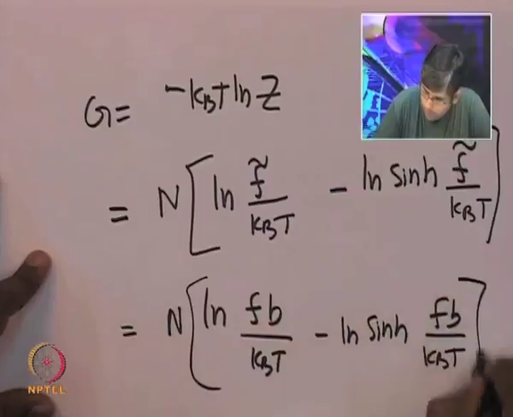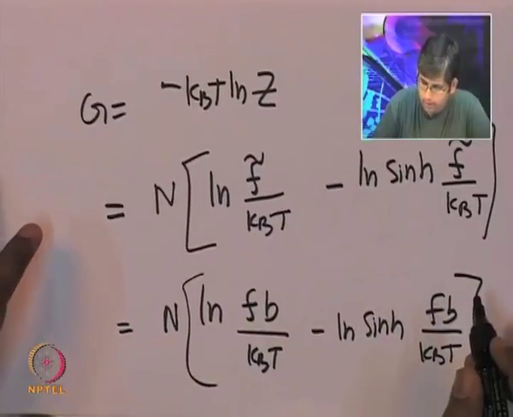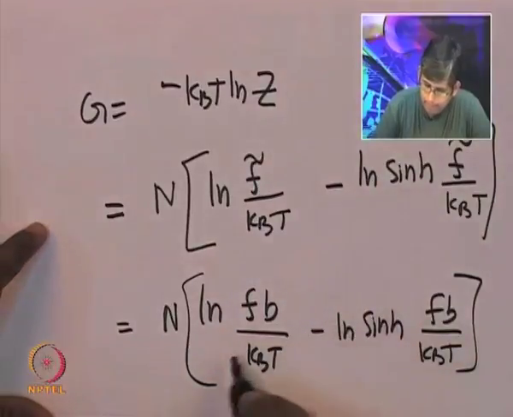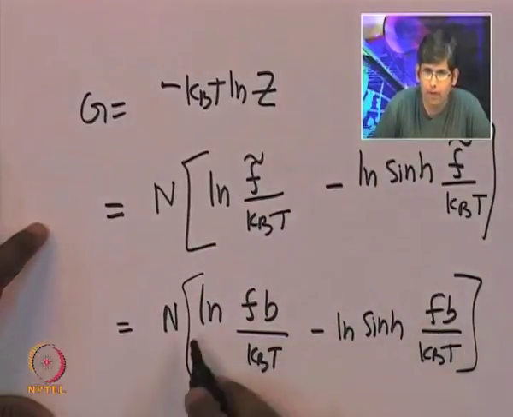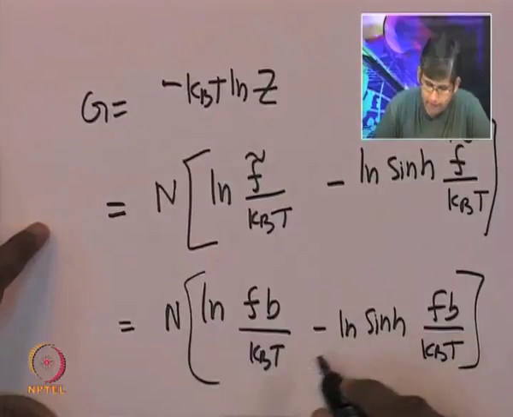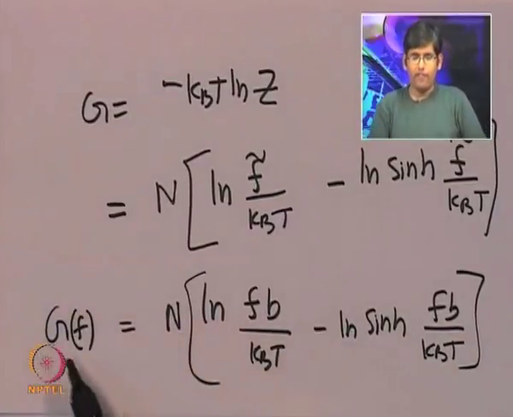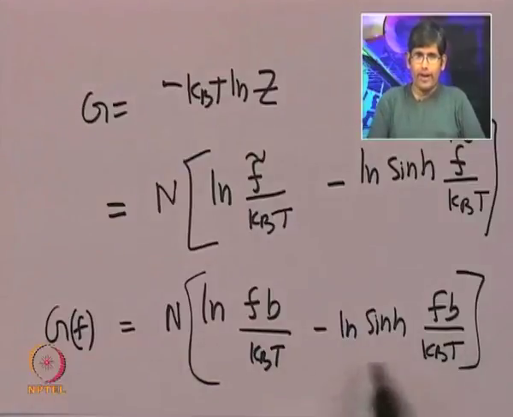So now, this is basically our G of f. Now we have free energy as a function of f.